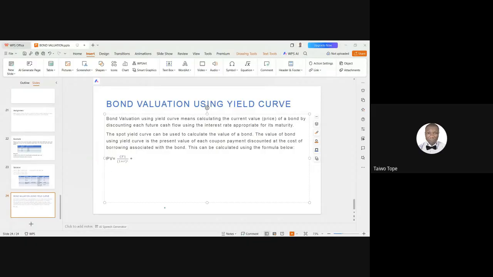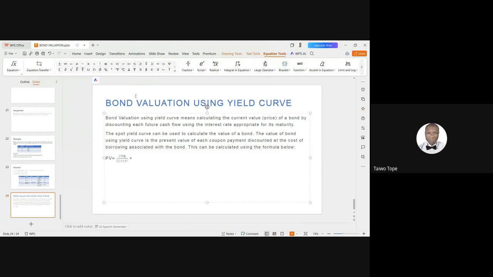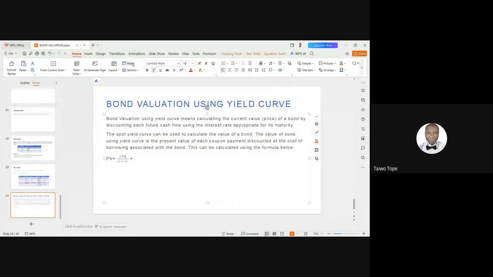Let me put it as subscript. The one is just the period, for year one. Period, you see? So for period 2, year 2, we're just trying to show the formula.